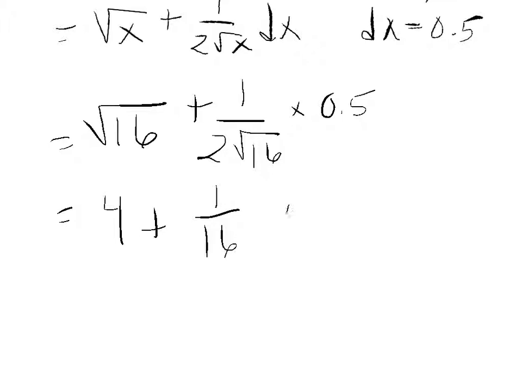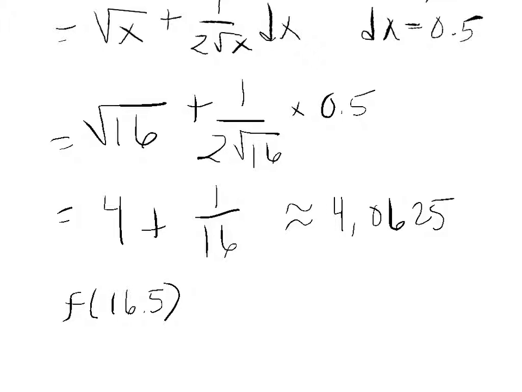Okay, if we calculate that in decimal form, we get 4.0625. Okay, so now the actual value, okay, f of 16.5, so the square root of 16.5, is actually equal to 4.0620. Okay, so our approximation is not absolutely perfect, but it's close enough.